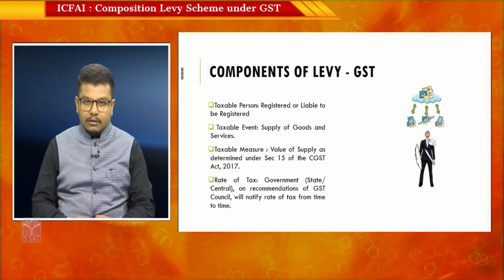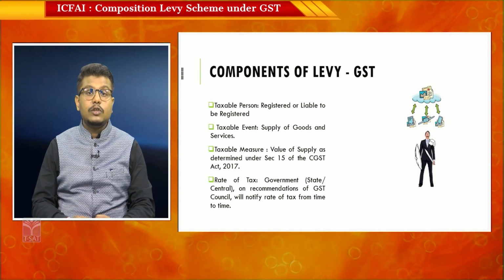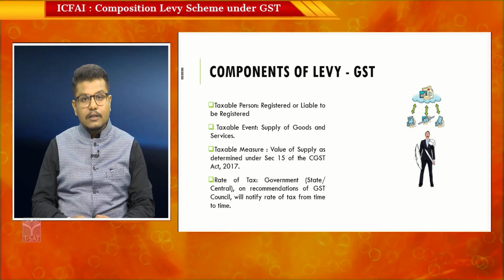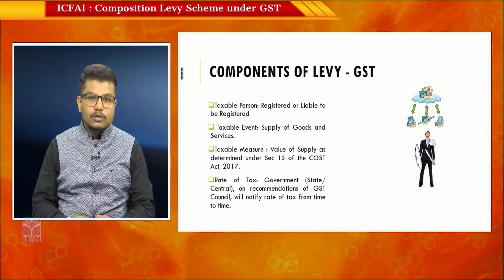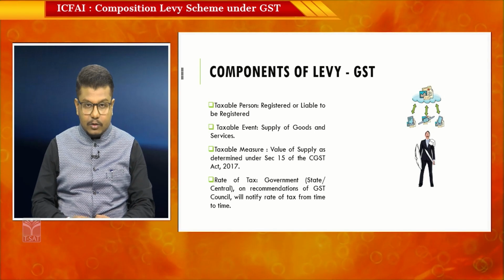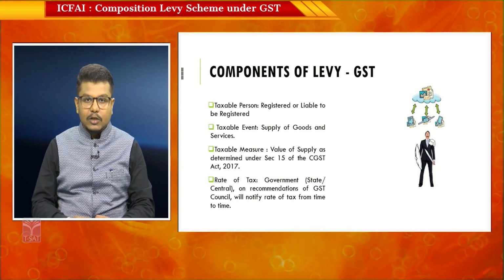Lastly, talking about at what rate, who is going to decide that? The central government or the concerned state governments, as per the recommendation of the GST Council, will determine the rates to be imposed on the taxable value, the value of the supply, and thereby the GST is to be calculated.